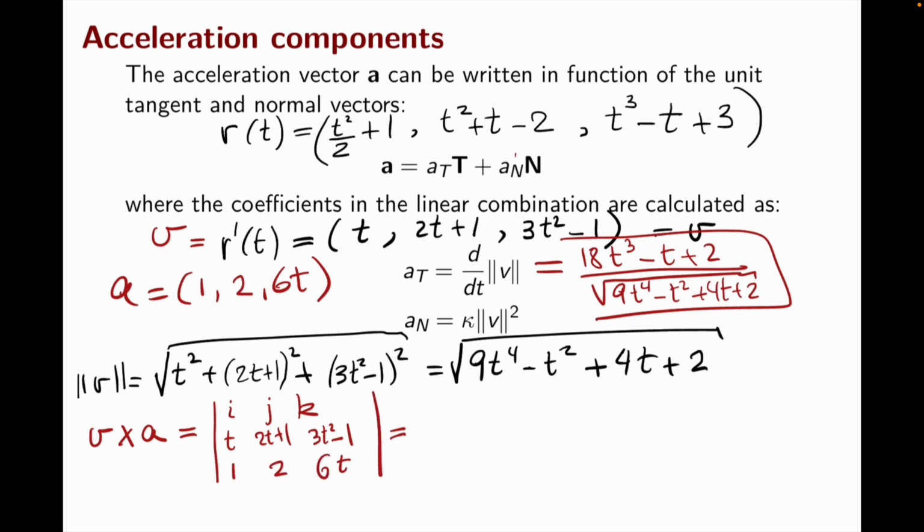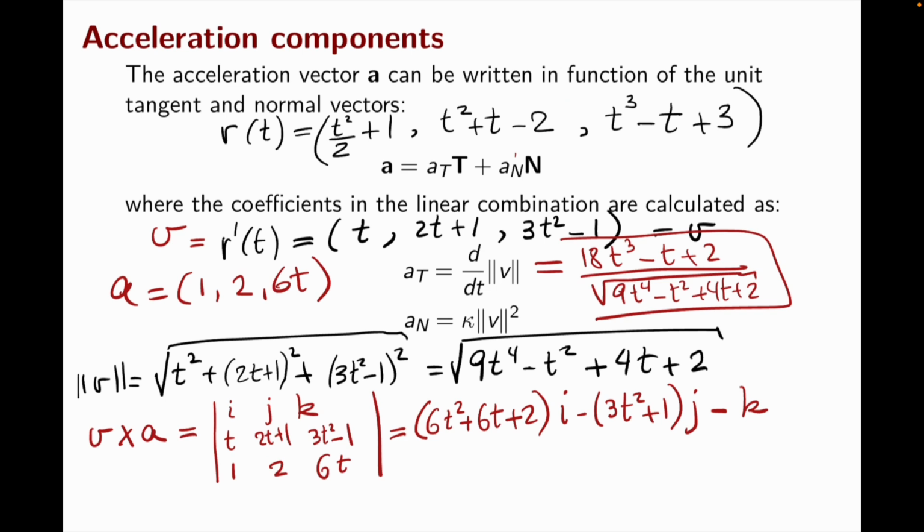We do this determinant, and we get minus 3t squared plus 1 in the second component and minus just 1.